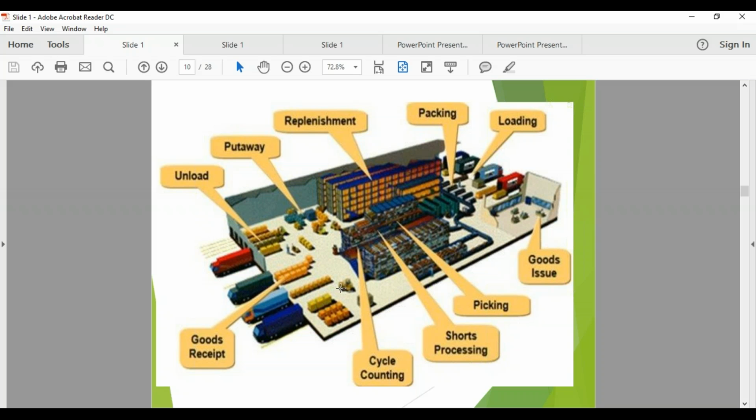Once the staging area is done, if the warehouse has multiple processes, we have the deconsolidation space and repacking space. That means work centers, wherein certain human labor or some machinery will be working, segregating the products or repacking.